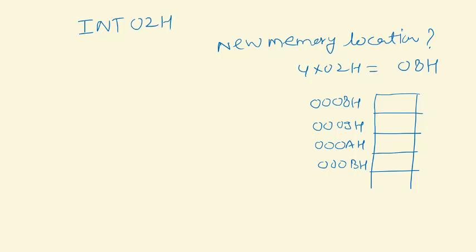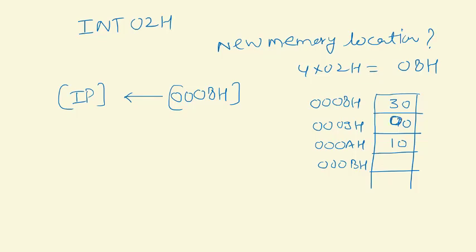The content at location 0008H will be loaded into IP. Suppose here the content is 30 and 00, and similarly suppose here it is 40 and 10.